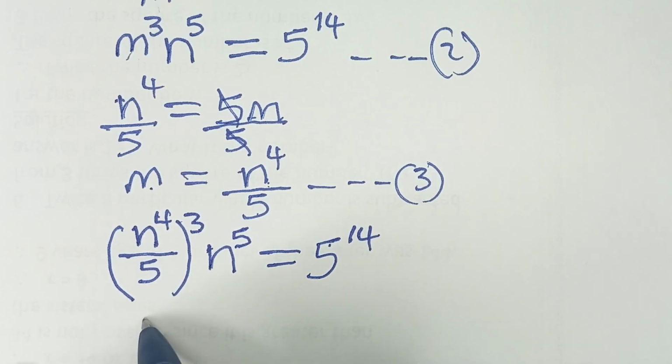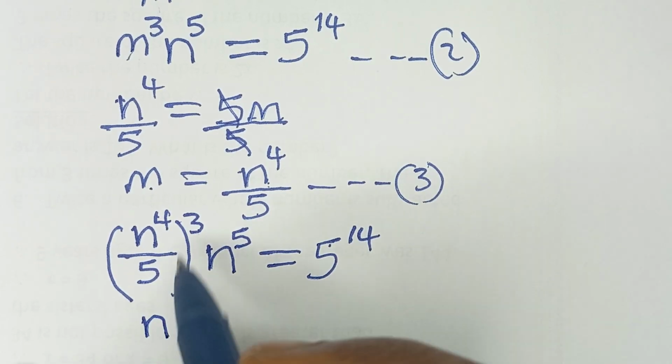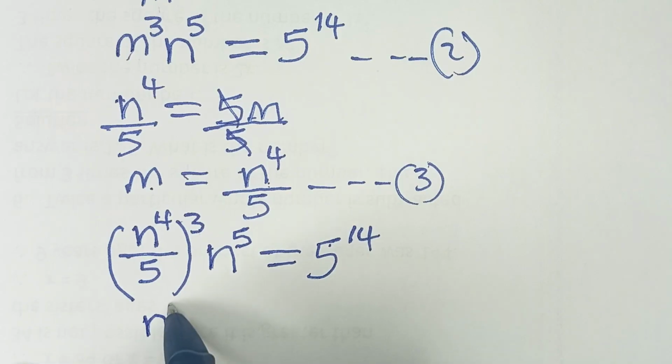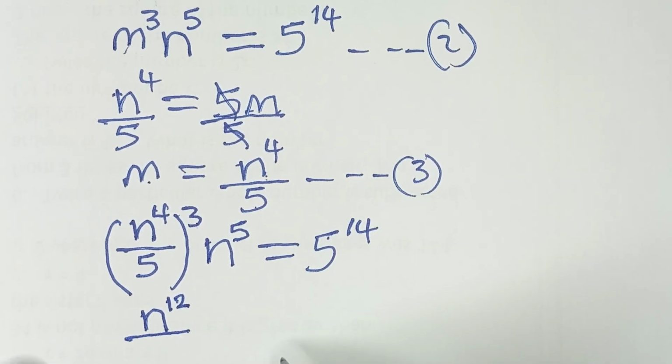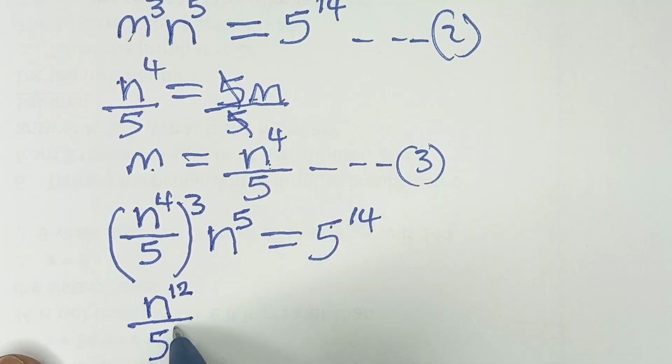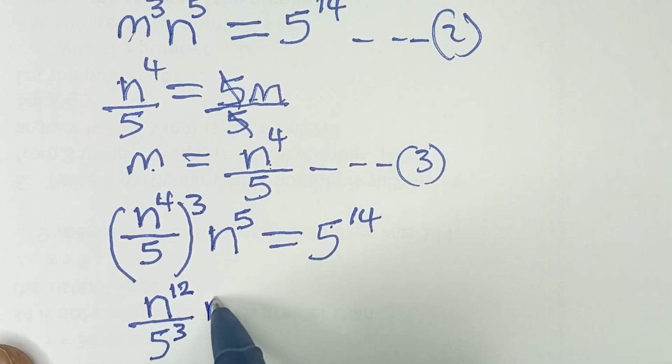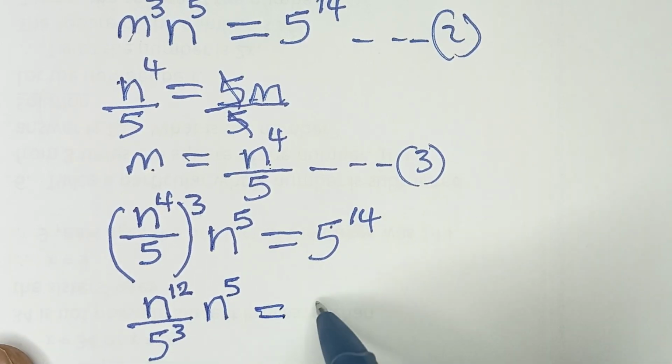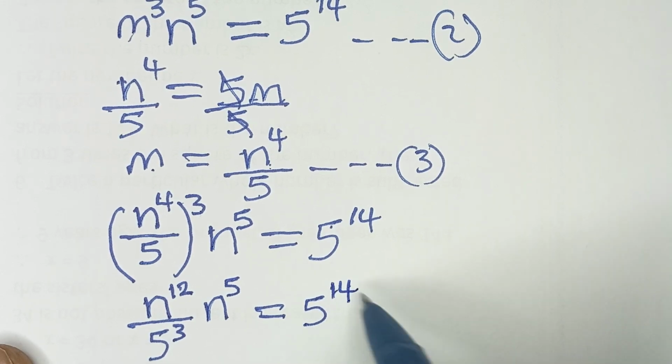So this becomes n raised to power 4 multiplied by 3 is 12, n raised to power 12 all divided by 5 raised to power 3, and then multiplied by n raised to power 5 is equal to 5 raised to power 14.